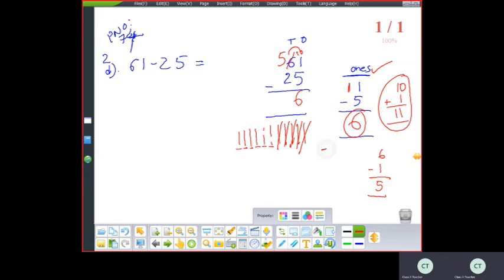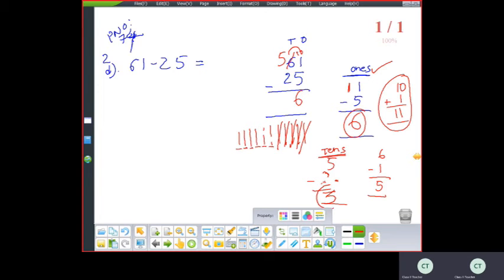Now subtraction on 10. The digits are 5 and 2. 5 minus 2 is equal to 3.